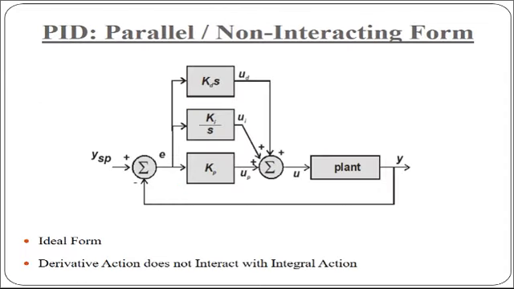This is the equation of the transfer function for the PID control. If I define it in a block diagram, this Kd s, Ki by s and Kp we can get by applying the Laplace transform, as we have discussed previously for the PID control.